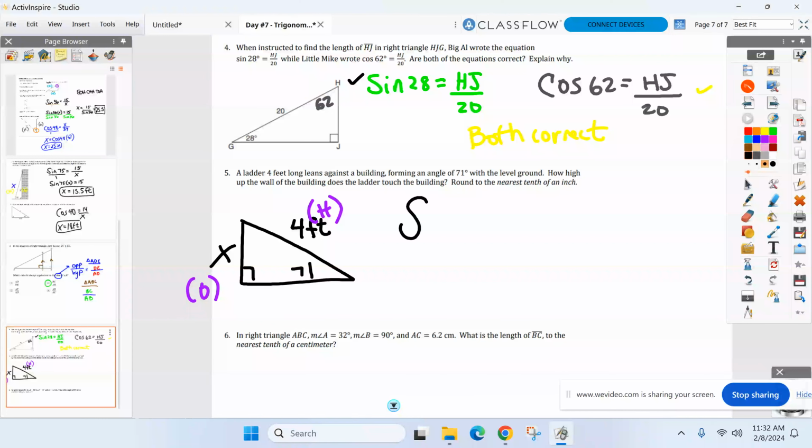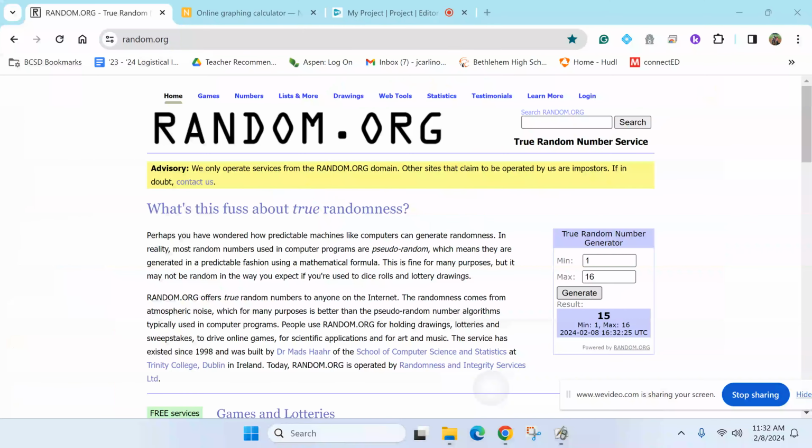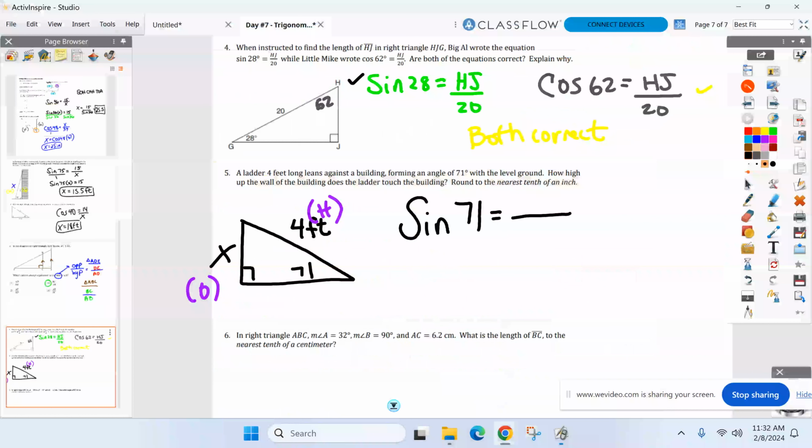That's all. You're good. So the sine of 71 equals, what's my ratio here? Olivia? Equals x over 4. Opposite over hypotenuse. Good. Hey, we don't even have to divide here.